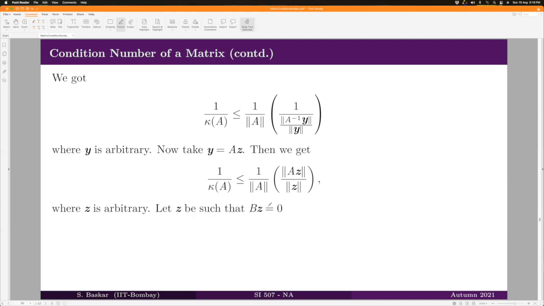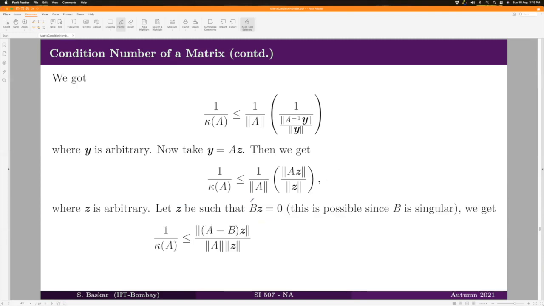And in particular, you choose Z such that BZ is equal to 0. Remember, this inequality holds for any Z. In particular, for that Z for which BZ equals 0 also, it will hold, right? So I will choose a non-zero vector Z such that BZ equals 0. How is that possible? Well, B is a singular matrix, therefore this is possible.